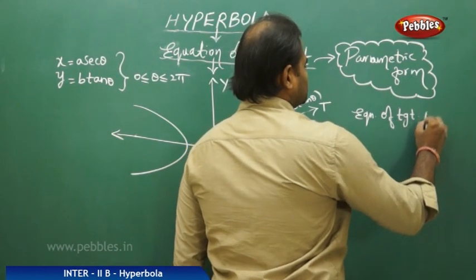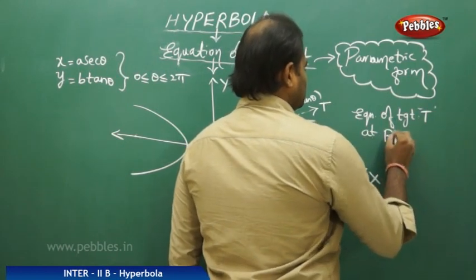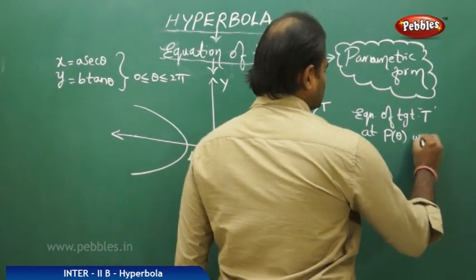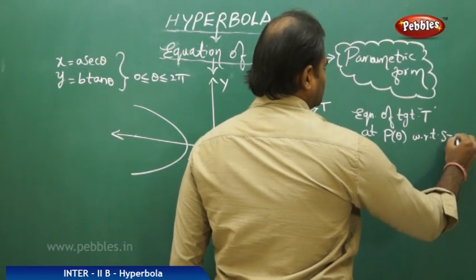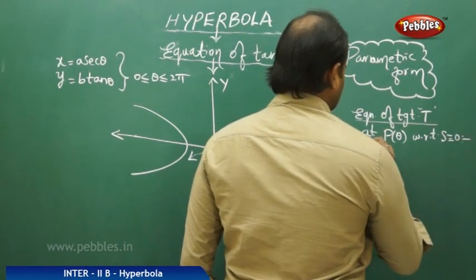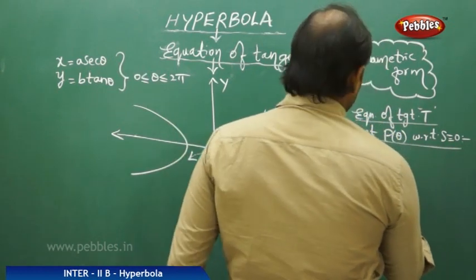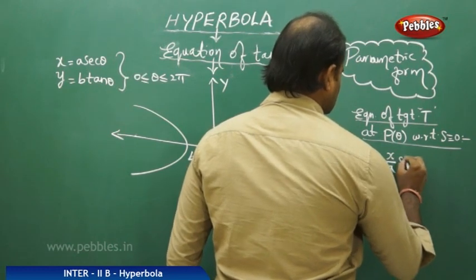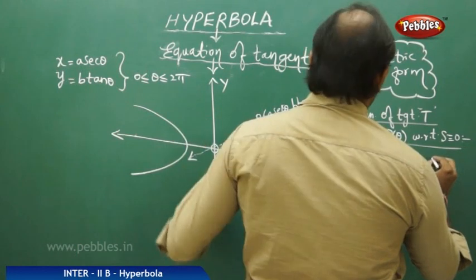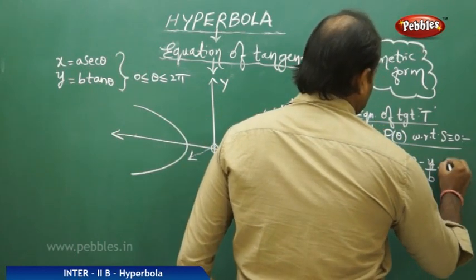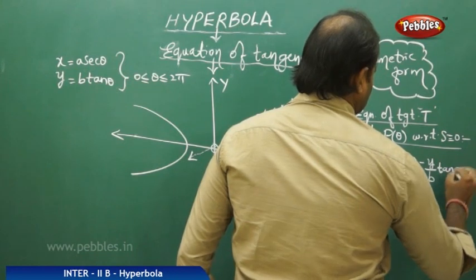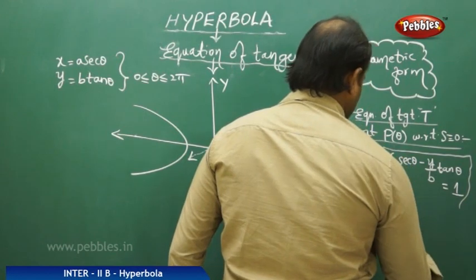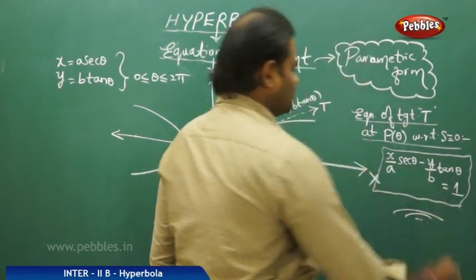Equation of tangent T at P of theta with respect to the hyperbola in parametric form is given by the equation x by a secant theta minus y by b tan theta equal to 1.